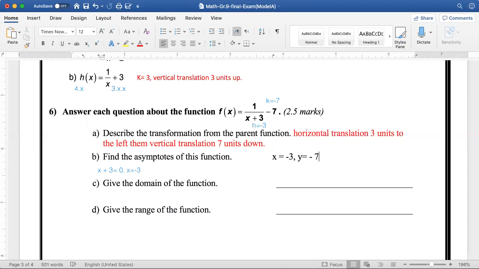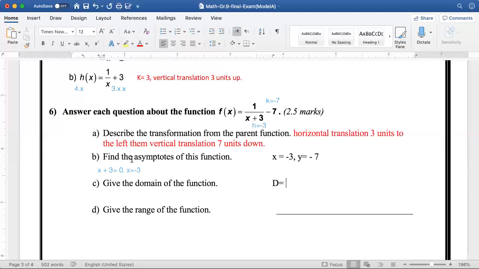Now I want to get the domain. The domain is for x values. How will I write the domain? D is equal to, what x value is here? The x value is negative 3, which makes the denominator equal to 0.